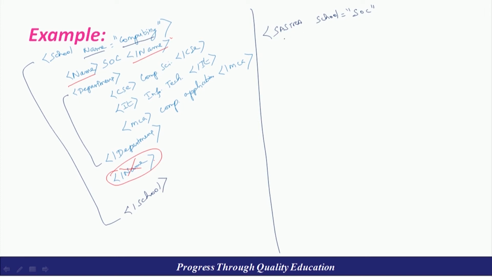For the Shastra element, I have created an attribute, always giving additional information about the element. So it is adding an additional feature. Then I have closed it properly. Shastra, school equal to SOC.